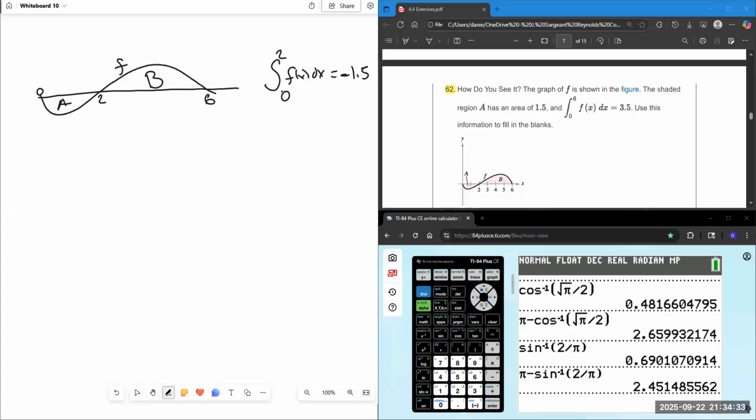They tell us that the integral from 0 to 6 of f of x dx is going to be 3.5.